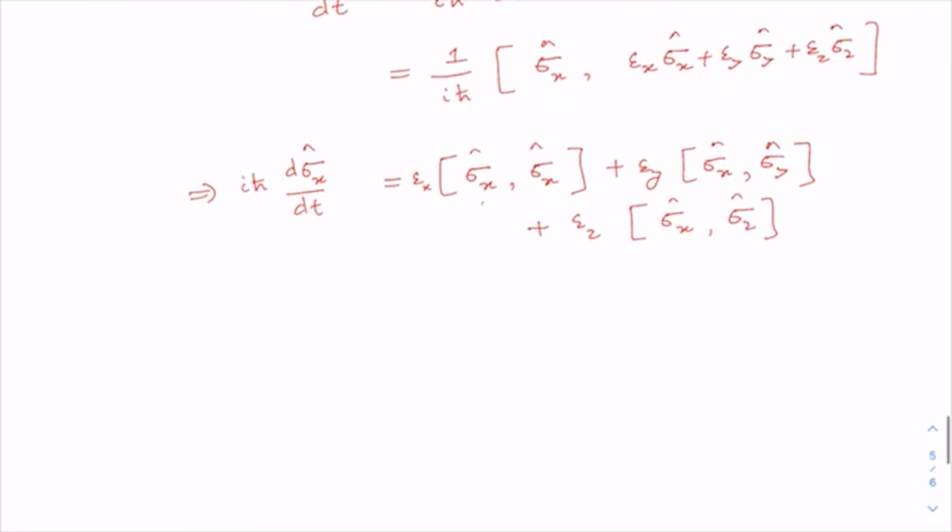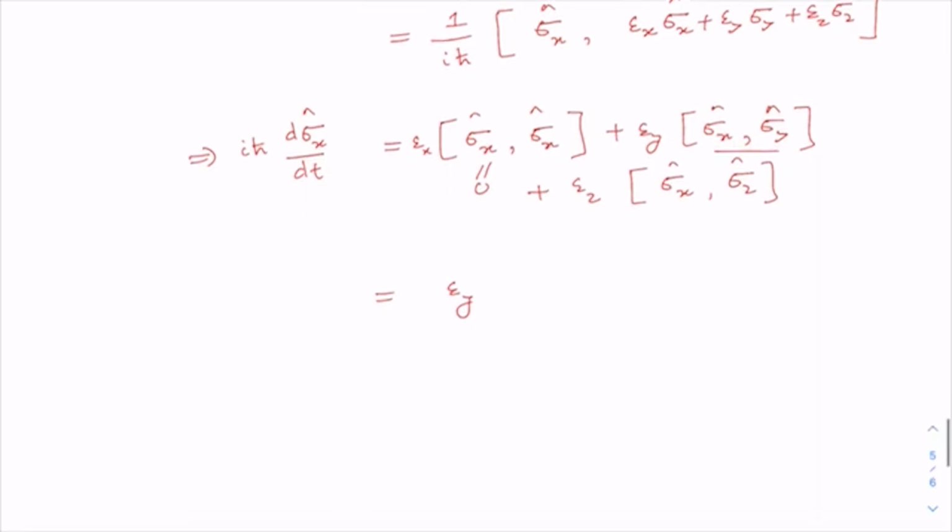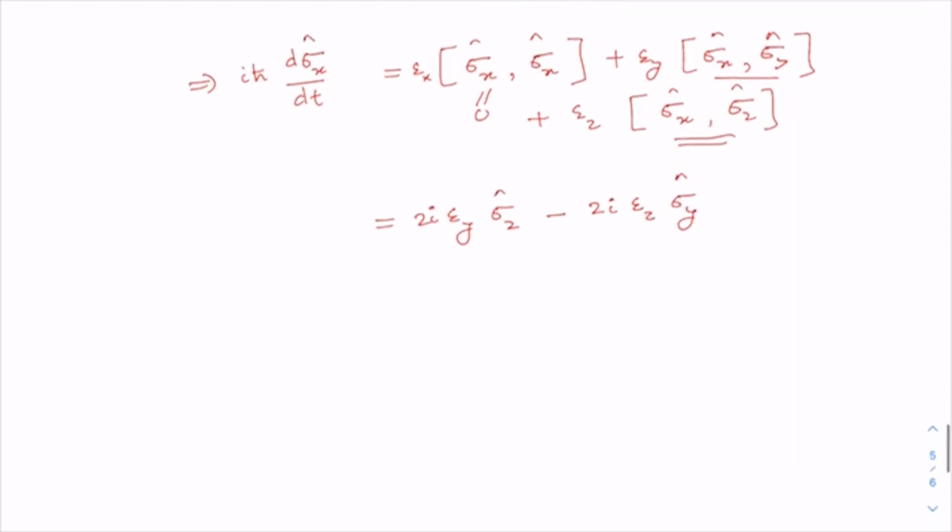Now this is obviously 0, so we will have epsilon y. The commutation between sigma x and sigma y we already know, that was 2i sigma z, and sigma x sigma z we have minus 2i, epsilon z sigma y.